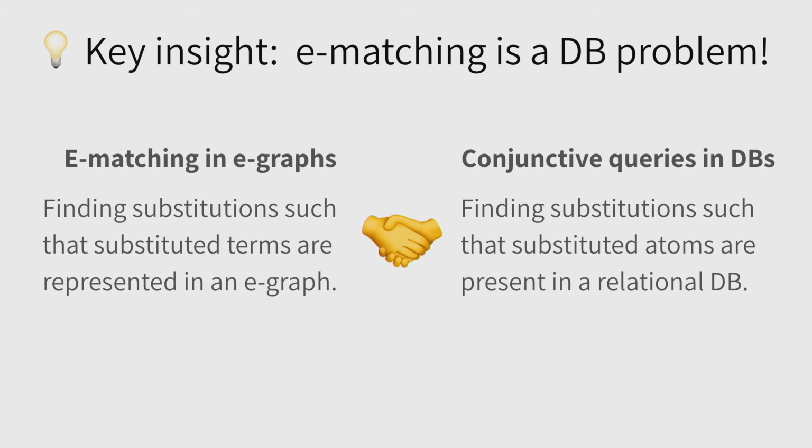And if you think about E-matching as this problem of answering conjunctive queries, then all of a sudden you're blessed with a bunch of very nice bounds that you can apply. So what we want to do is figure out how we can turn this graph search into a database query. And if we do that for the very first time, we can get tight bounds on the optimal E-matching, right?